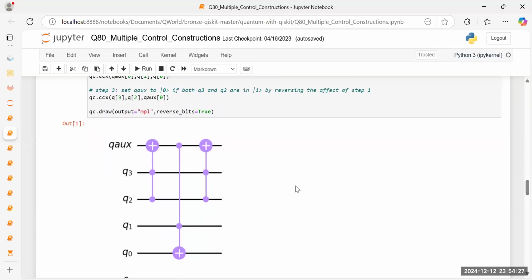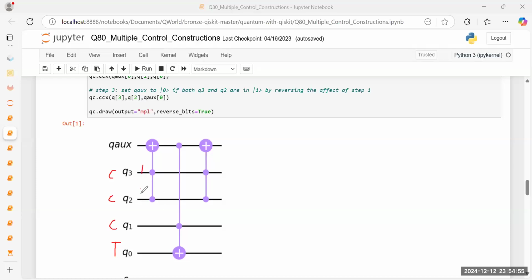And this is how we do this. So these are the control qubits, and the target. And we've introduced an auxiliary qubit. So we've introduced an extra qubit here to create CCCNOTs just by using the Toffoli gates.